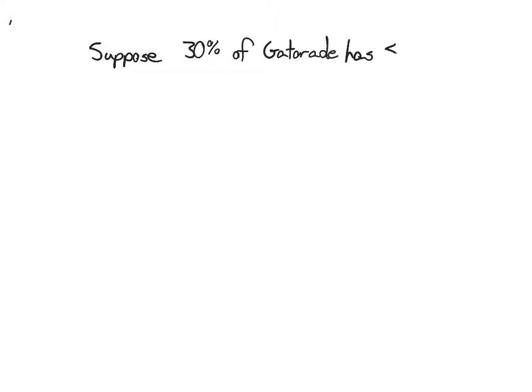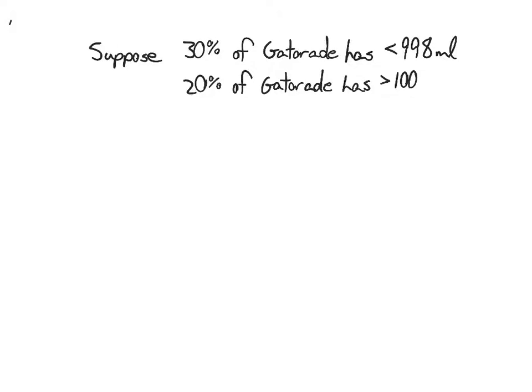Has less than, let's say, it's a 1 liter bottle, so less than, let's say, 998 milliliters, okay? And let's suppose that 20% of the Gatorade bottles has over 1,001 milliliters.